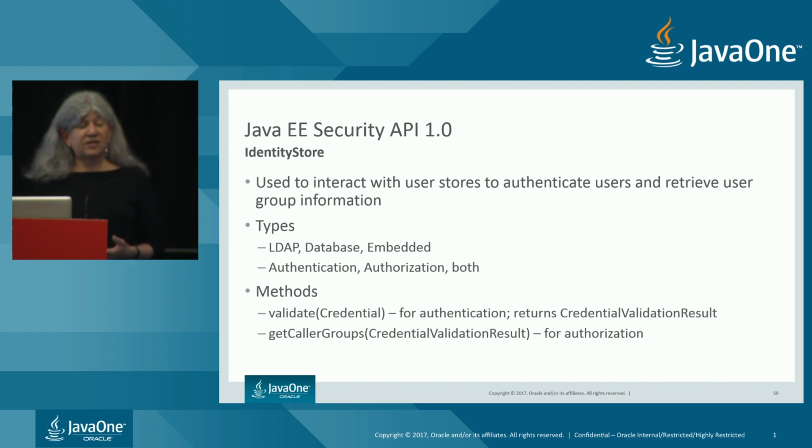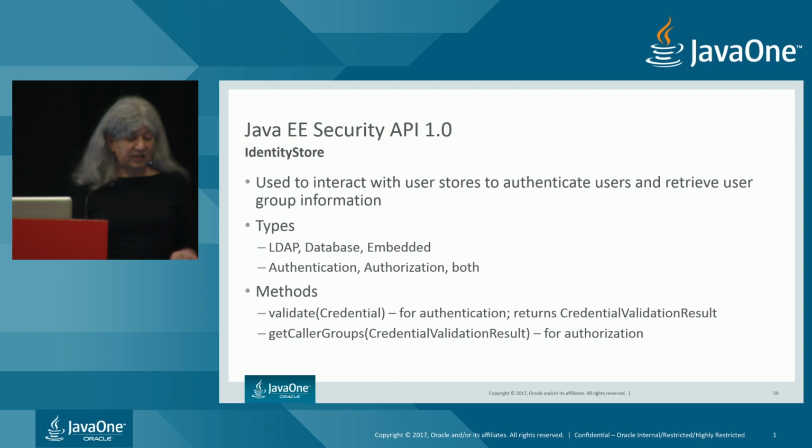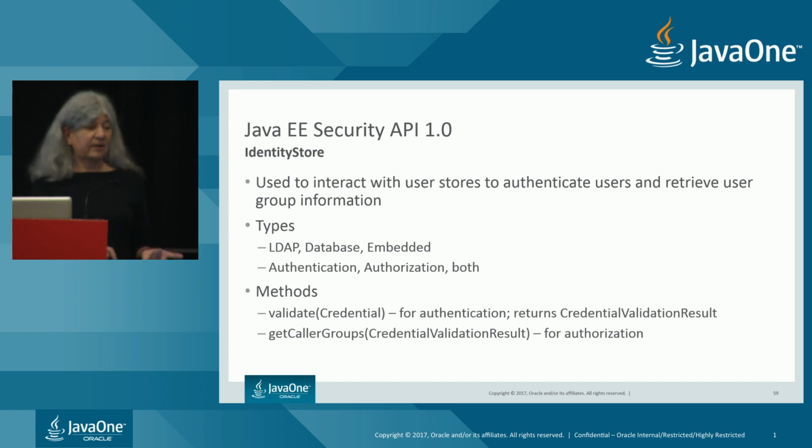The main methods here are validate, so you can validate a credential as to whether or not that is valid and the user can proceed, or you can extract the caller groups for further authorization if, in fact, that is supported by the identity store. Identity stores can support authentication or authorization or both, and you can determine from the identity store which it supports.